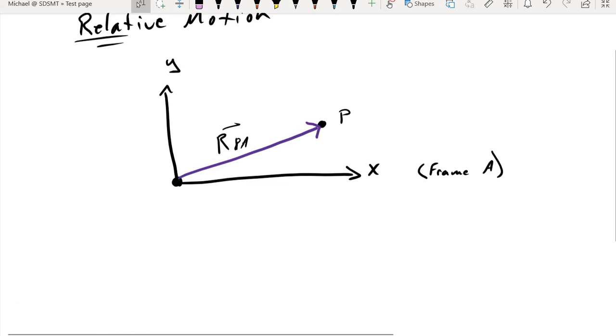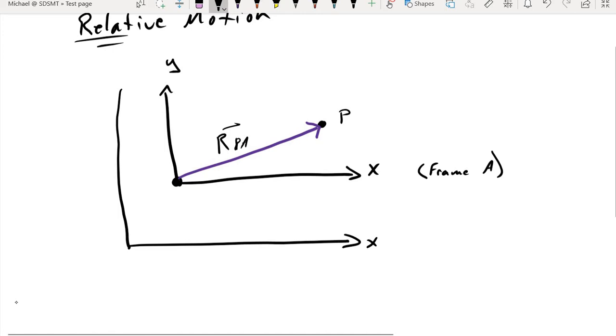Then we're going to introduce a different reference frame. So someone else comes along and they want to measure everything in the system with respect to their reference frame, which we will call frame B. And there's really not a whole lot different about these two reference frames, except where their origins are located.